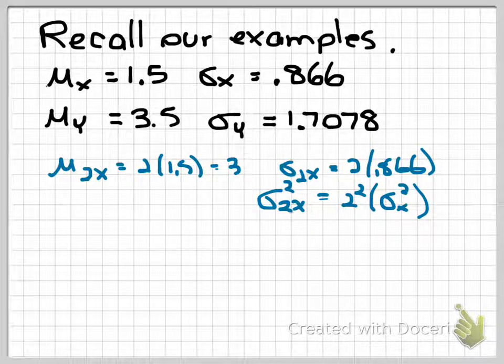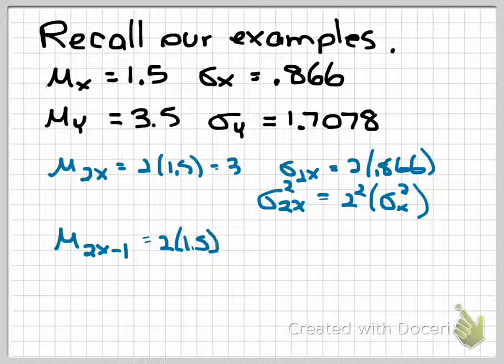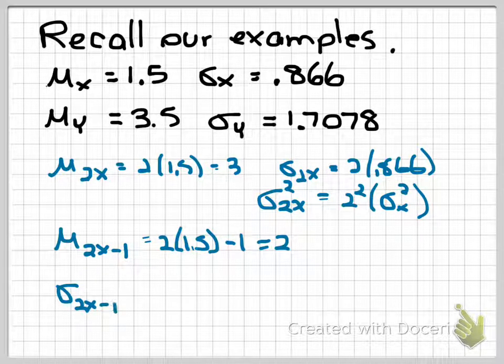Okay, but what if we win these values, but we have to pay $1 to play? Then we'd be finding the mean of 2x minus 1, which would be 2 times 1.5 minus 1, which comes out to be 2. That's not a big deal, but when we want to find the standard deviation of that, 2x minus 1, we have to go back and look.